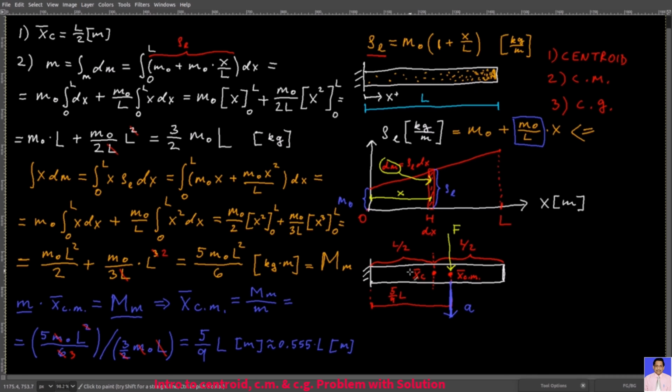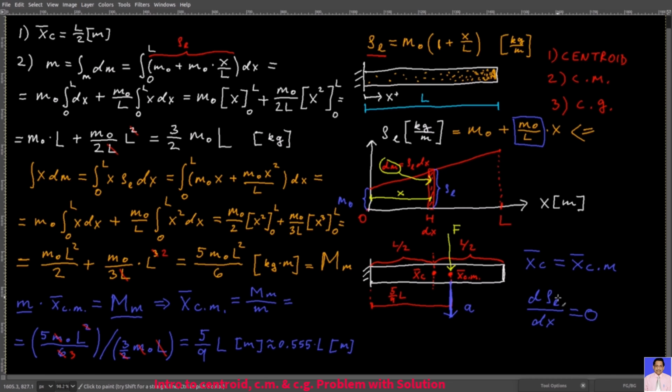It's a geometrical center, but the center of mass does care about the density inside the beam. X bar c equals X bar cm only when the density inside the beam is constant. Mathematically, we could write it down like this: d rho L over dx has to be 0, meaning that the derivative of the density per unit length with respect to x must be 0.